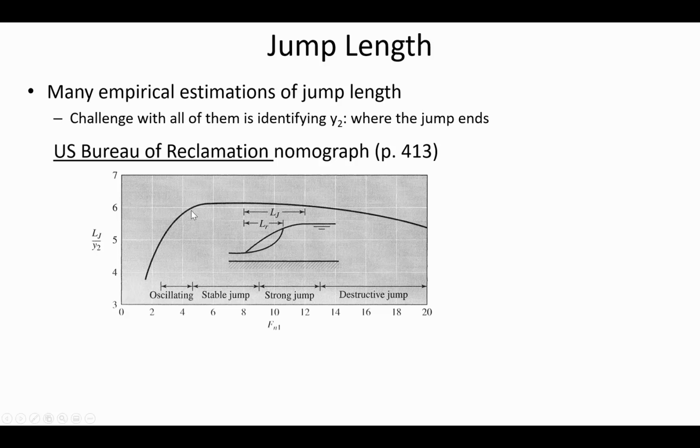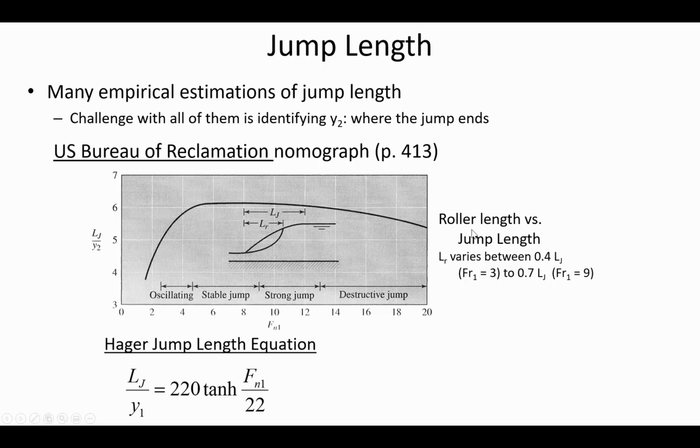So the length of the jump relative to the depth. So that means you'd solve for Y2 using the Belanger momentum equation, but then you'd use the initial Froude number upstream to reflect off the nomograph and find the y-axis. And so if it's 6, then that means that the length of the jump is 6 times longer than the depth of the water. So that's one approach, this Bureau of Reclamation nomograph.